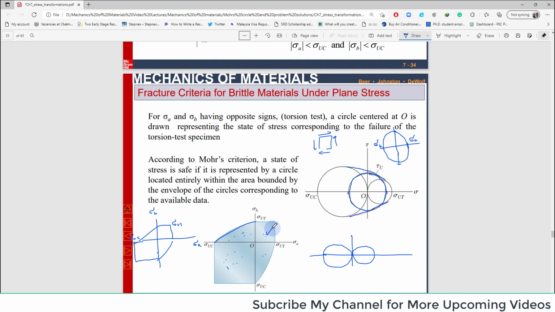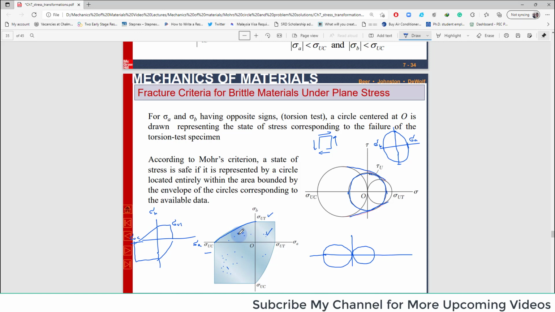Again you can see here both sigma A and sigma B are positive, so it will be the ultimate strength under tension. Here in the third quadrant sigma A and sigma B are both negative, so it represents the ultimate strength under compression.